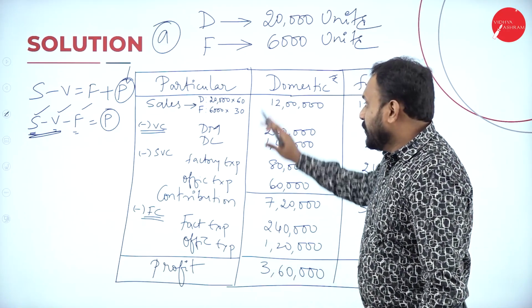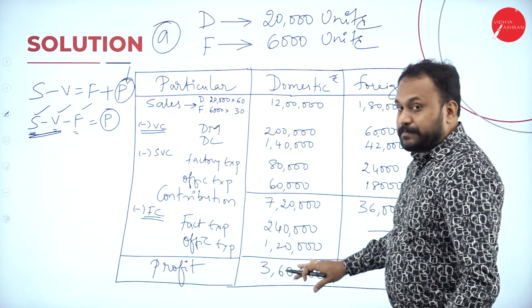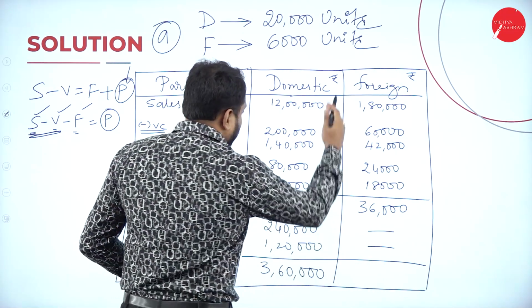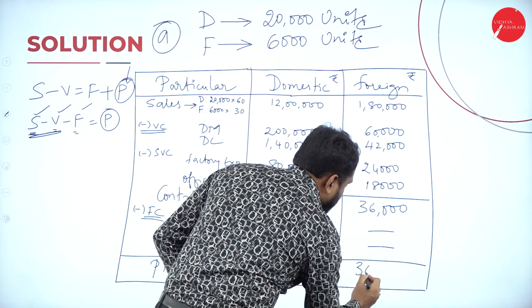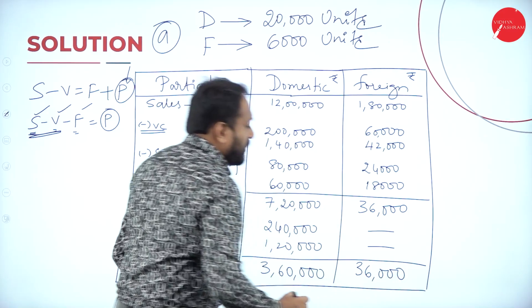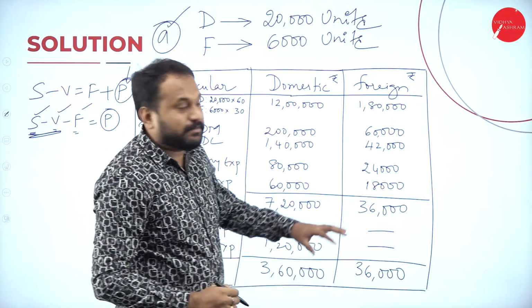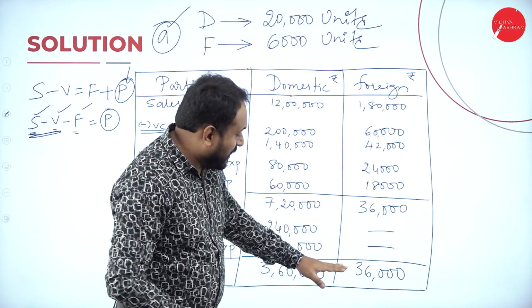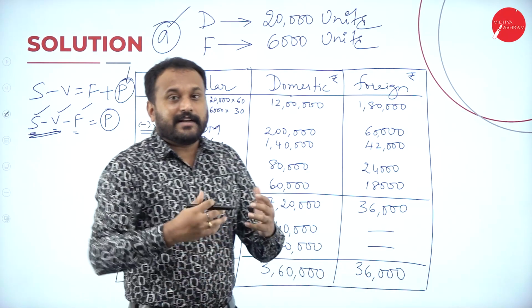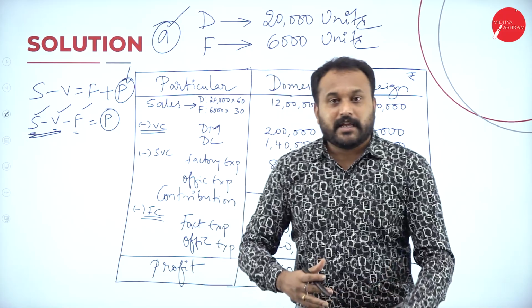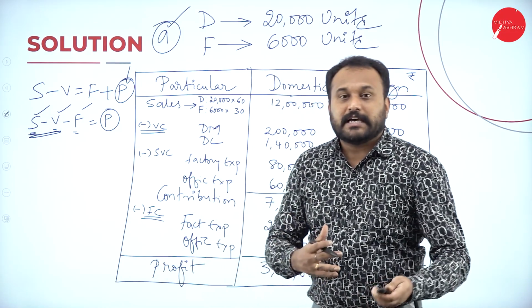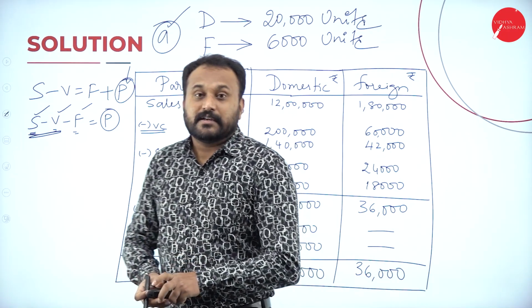Now understand the format. Now I got domestic here. What is my profit if I sell my foreign? That is same contribution, 36,000. Now understand, the question A was what? Will you accept the foreign order or not? See, I am making profit of 36,000. Definitely, I would love to accept the foreign order because I am making 36,000 profit.